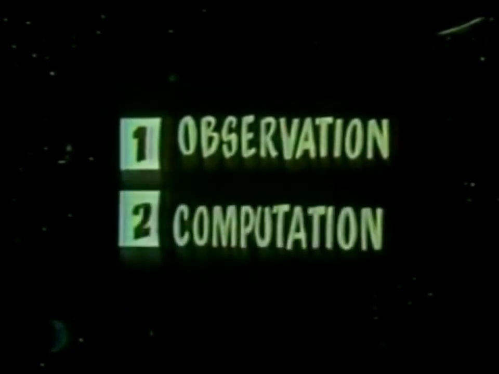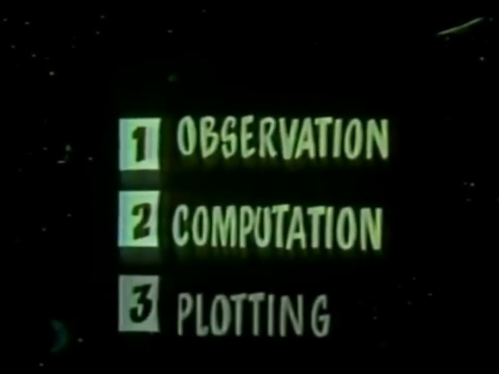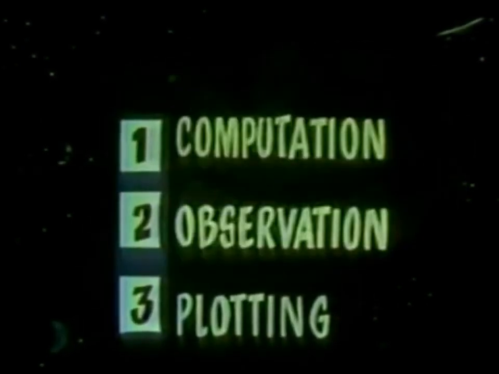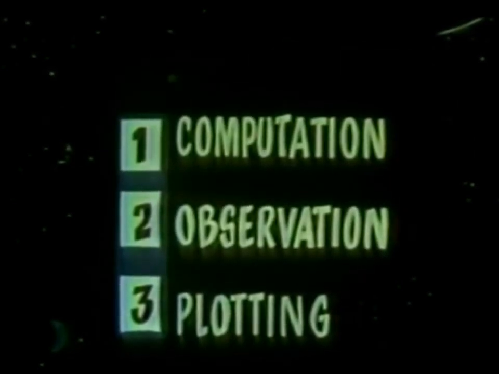There are 3 steps required to establish a celestial line of position: observation, computation, and plotting.